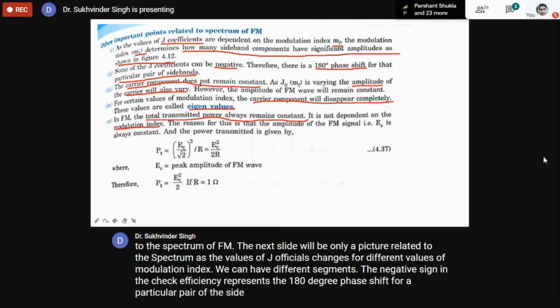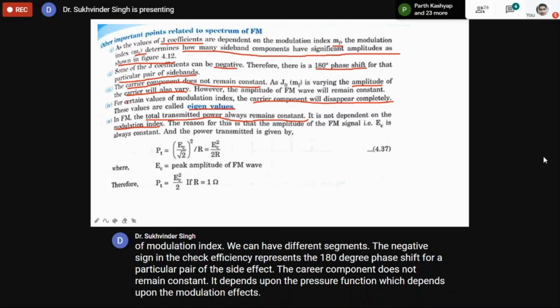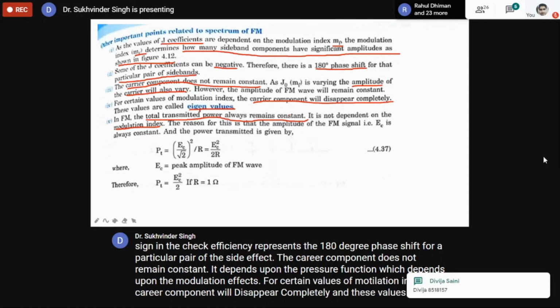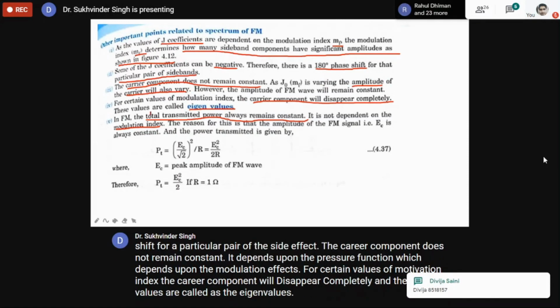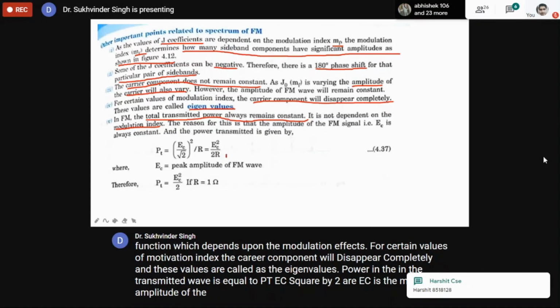The carrier component does not remain constant, it depends upon the Bessel function, which depends upon the modulation index. For certain values of modulation index, the carrier component will disappear completely, and these values are called as the eigenvalues. Power in the transmitted wave is equal to Pt = Ec²/2R. Ec is the maximum amplitude of the carrier, R is the resistance.